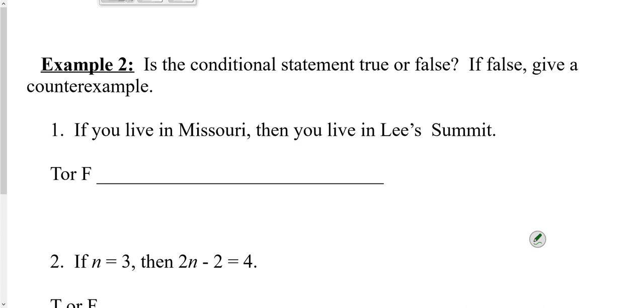That would be false. What would be a counterexample of that? You could live in Blue Springs. I live in Blue Springs. I still live in Missouri. So Blue Springs would be my counterexample.